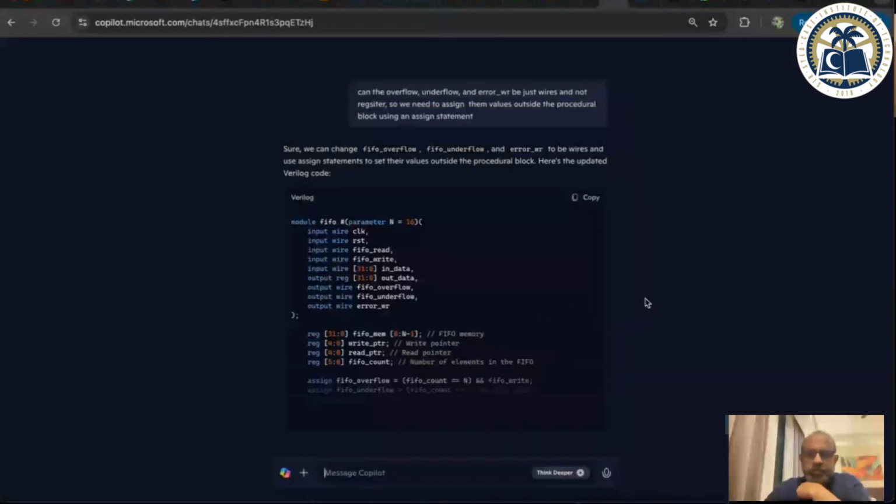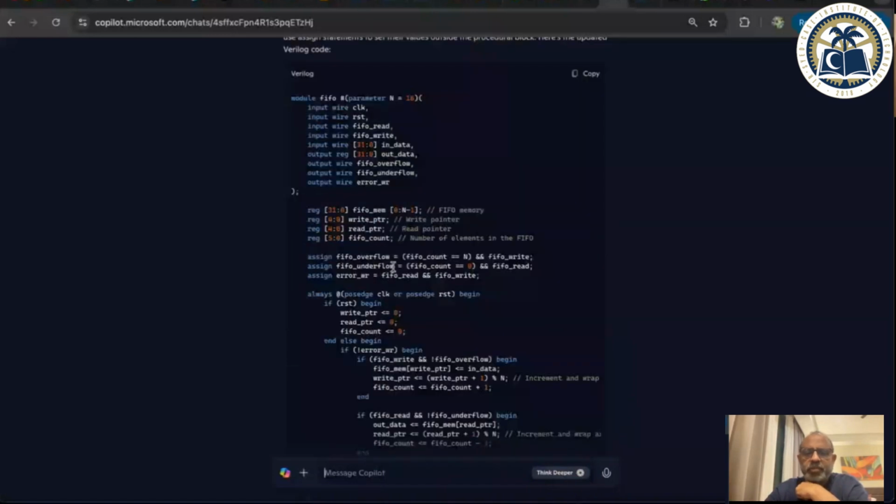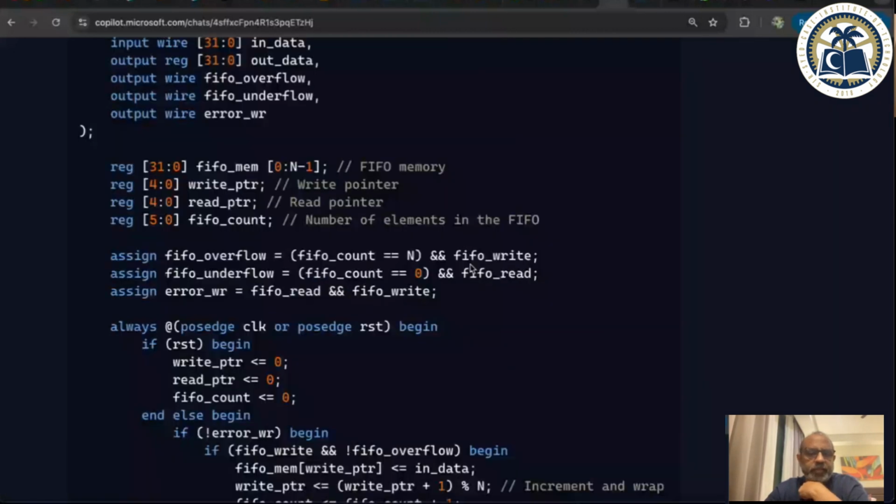So yeah, it has also done it. It has moved it: whenever the count is equal to 0 and there is a write, if I assert write, the overflow flag is set, and if count is 0 and I read, underflow is set, and if read and write happen at the same time. So this is now good.